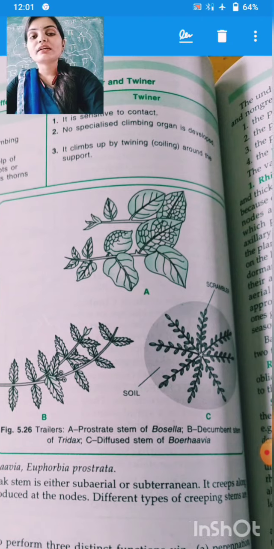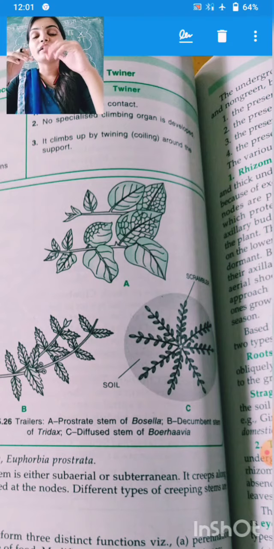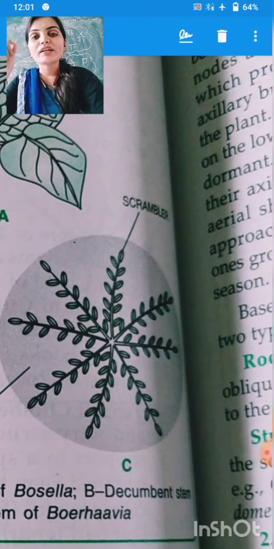But when you see diagram C, there is one middle axis of a stem and the branches are formed from there, originated from there, and very small leaf like structures are found. Okay, now this is the diffuse stems of Borreria.